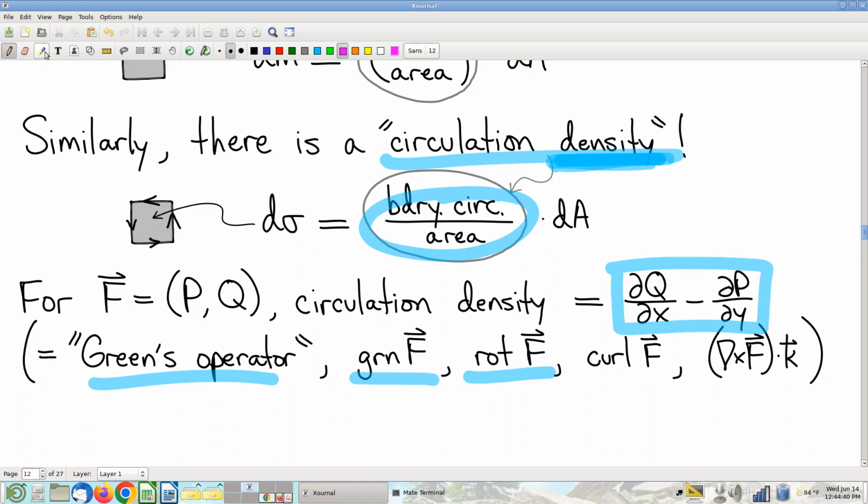It is also sometimes called curl. I have my problems with this term. Not that there's anything really wrong with calling it curl, but my problem is that there's a three-dimensional version of this called curl, which algebraically is pretty different. And it just gives me the willies when we use the same term to refer to two pretty different things.